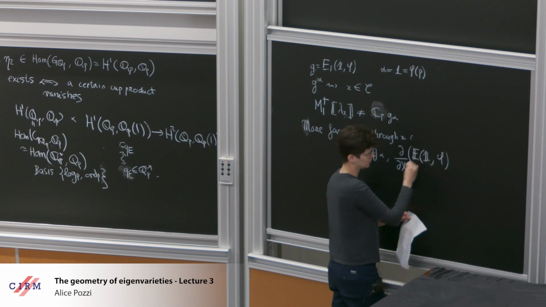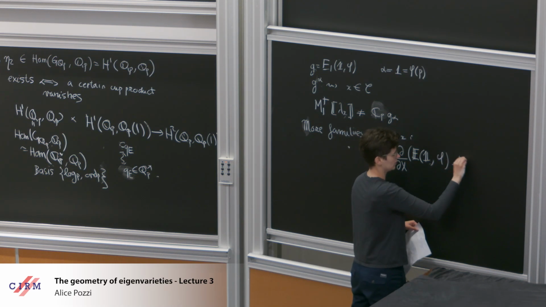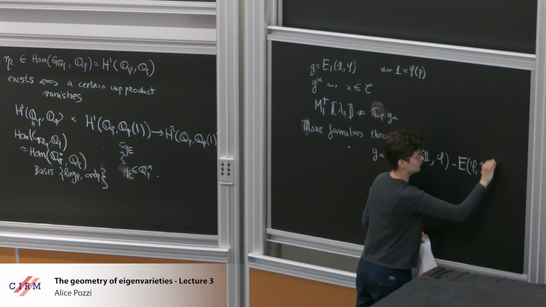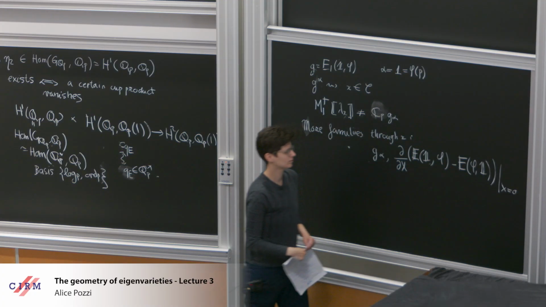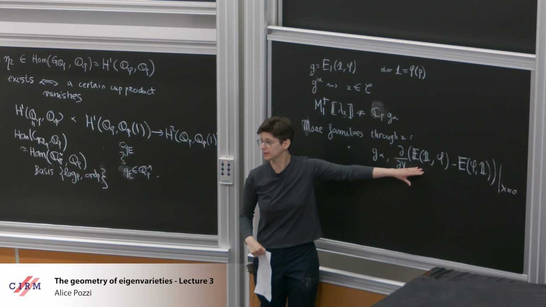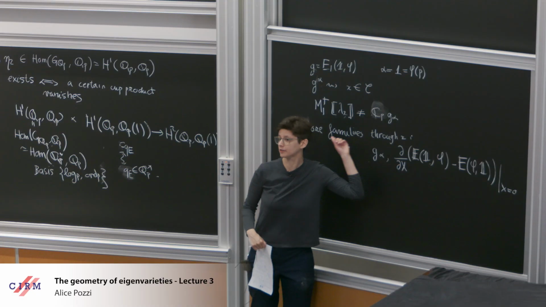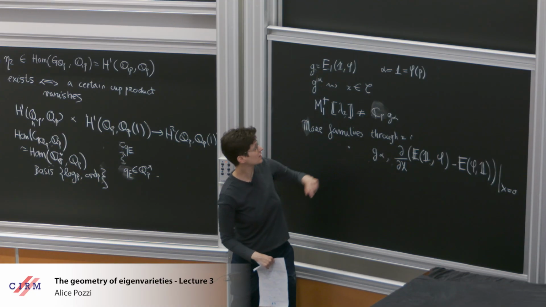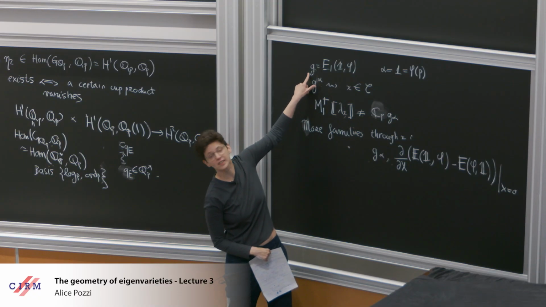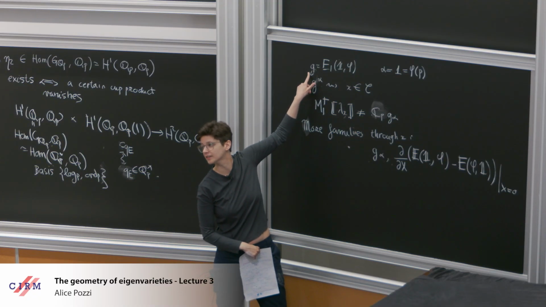Take their difference and take the derivative. This would give me a generalized eigenvector in that space, but the span of this does not contain this guy here. That has to be there as well.